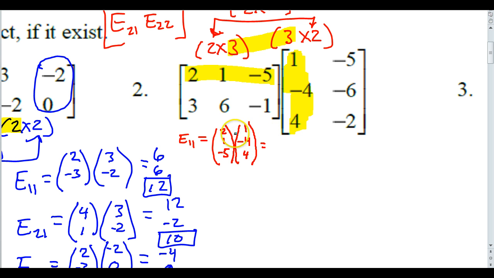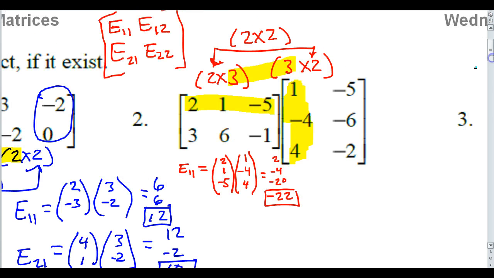If I multiply, I get 2, -4, and -20. If I add all those up, -20 and -4, that's -24, plus 2, that's -22. So that tells me the value of element 1, 1.